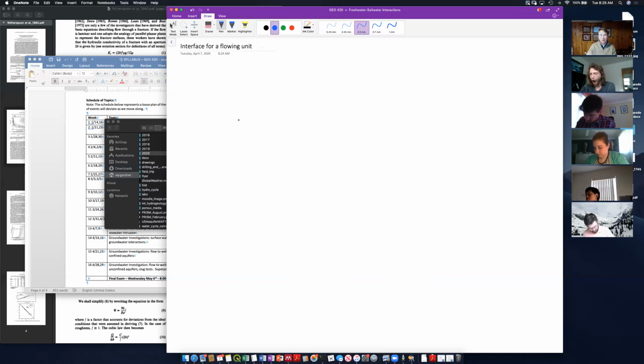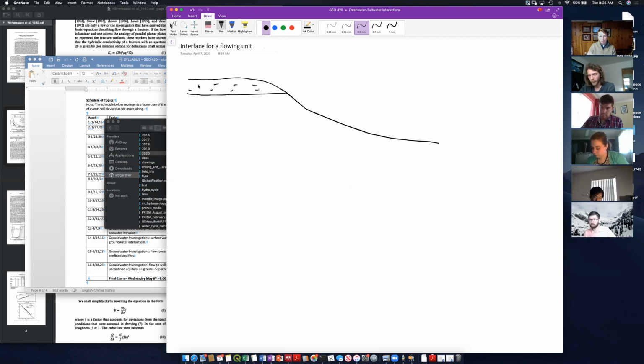All right, so I'm gonna zoom in on the shoreline. And I'm gonna add some stratigraphy now. So let's say we've got a confining layer at the land surface.